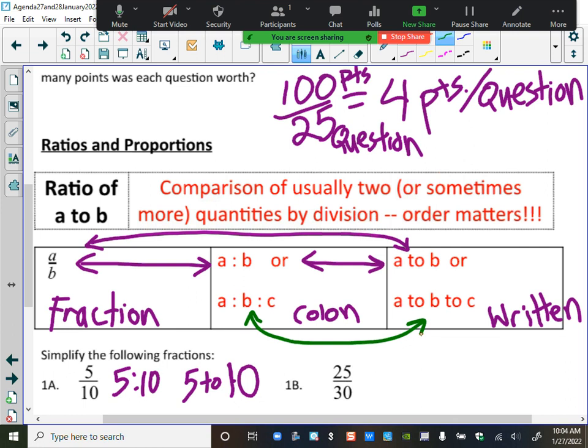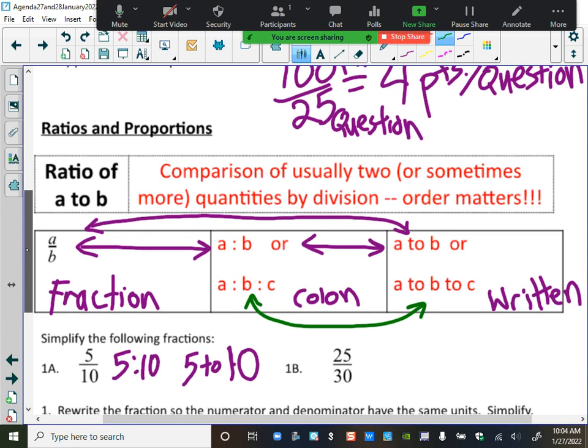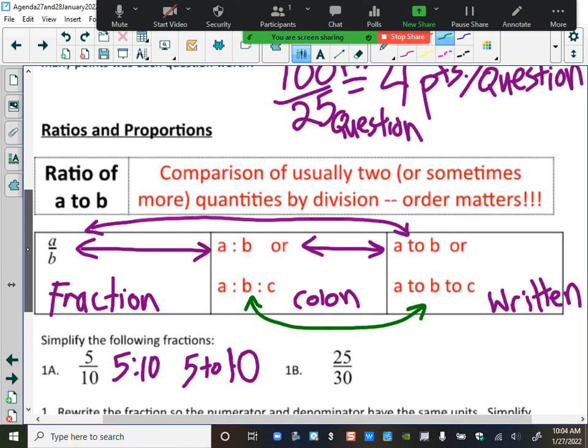All right, now let's talk about it. So basically, with a ratio, it's similar to the fraction. You want to simplify it to the lowest terms. Now, if we look at problem 1, problem 1A and B, I should say.